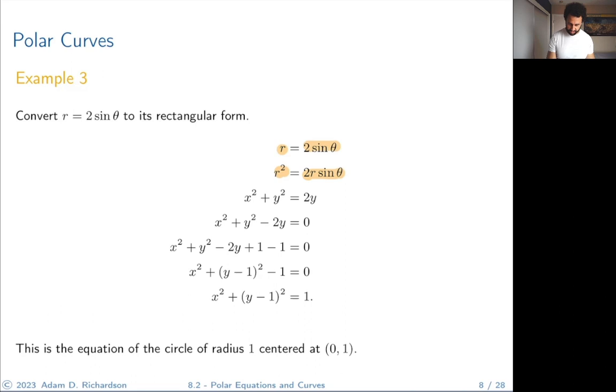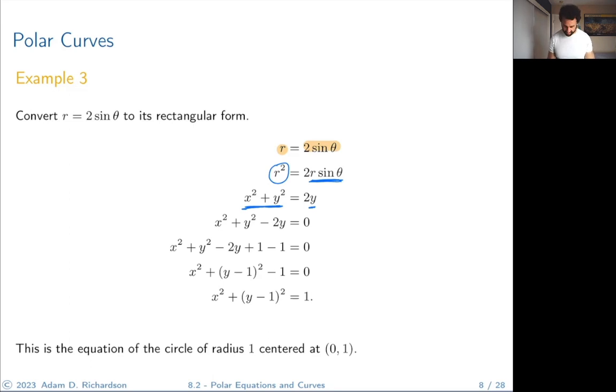There are some cool results here if you think about it like this. Let me get my little blue pen. We know what r squared is: r squared is x squared plus y squared. But we also know what r sine of theta is: r sine of theta is y. So boom, just in that one step, we can convert to having only Cartesian coordinates, x's and y's.